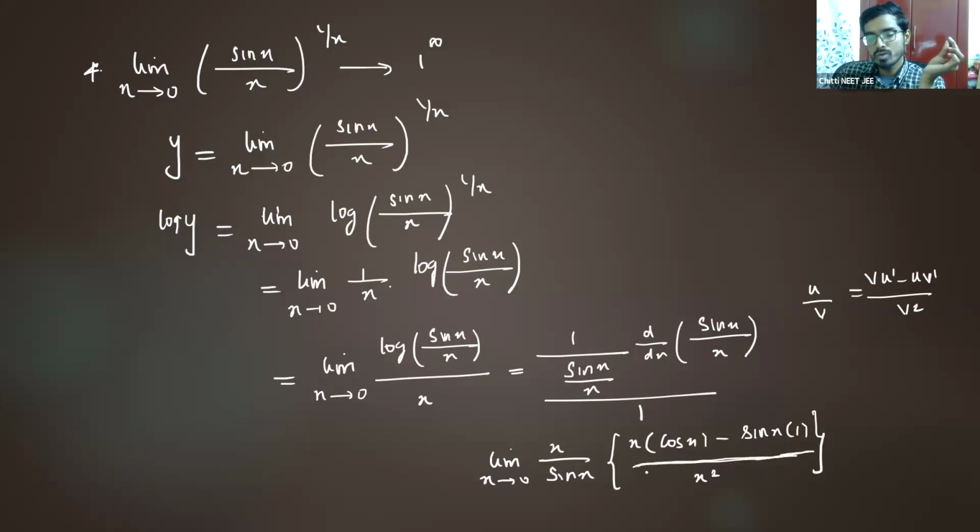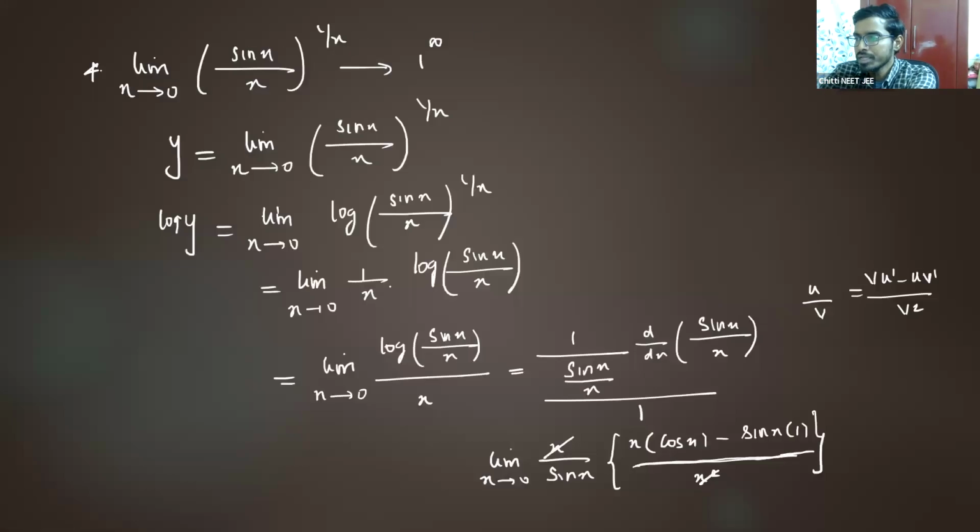Okay. Now let us try to apply the limit here, right? So we have limit x tending to 0, 1x will get cancelled. So we have limit x tending to 0, x cos x minus sin x whole divided by sin x, right?